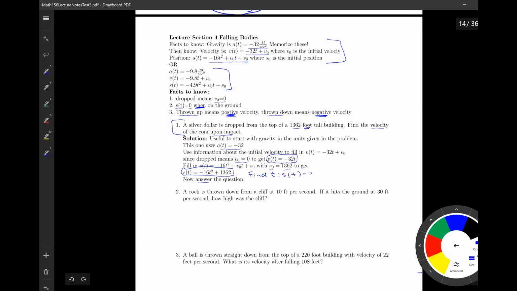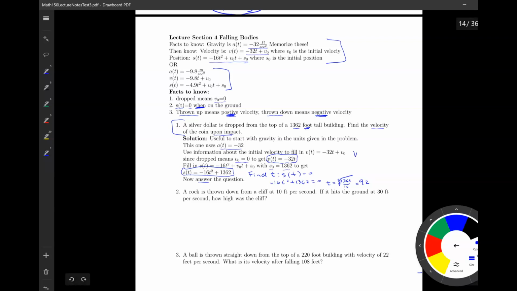So that's going to be negative 16t squared plus 1362 equals 0. So that gives me t equal plus or minus the square root of 1362 over 16. I'm going to only take the positive time because that would make sense. And so that gives me approximately 9.2. So that's the time it hits the ground.